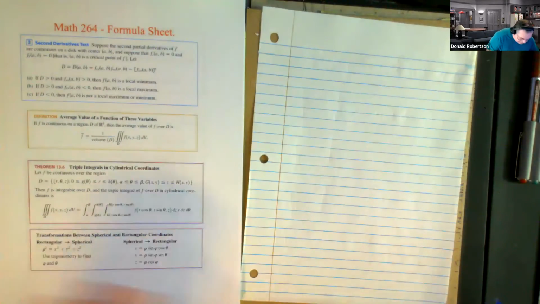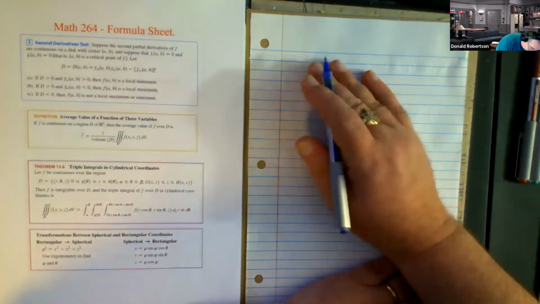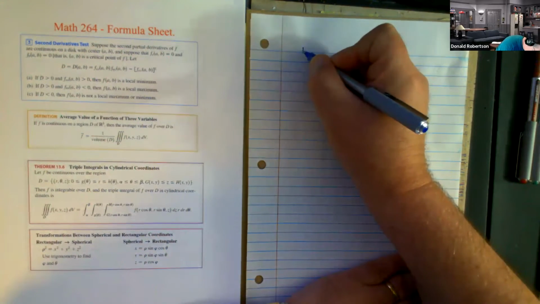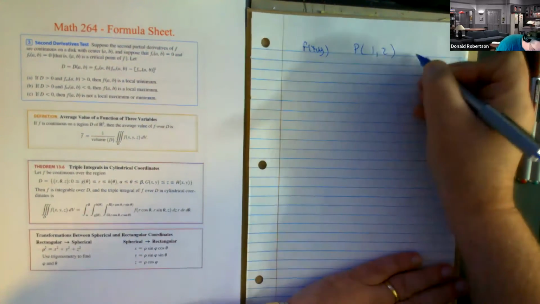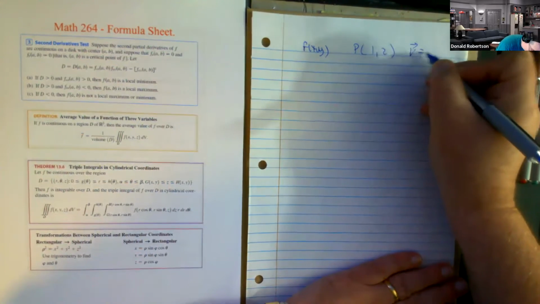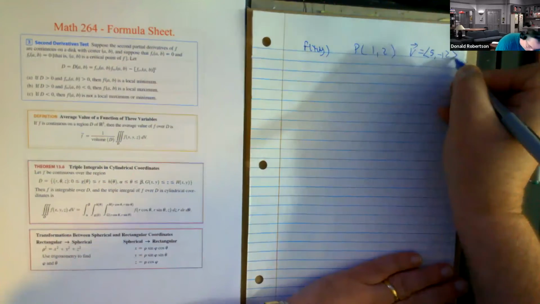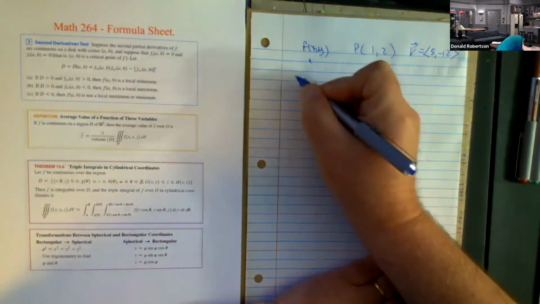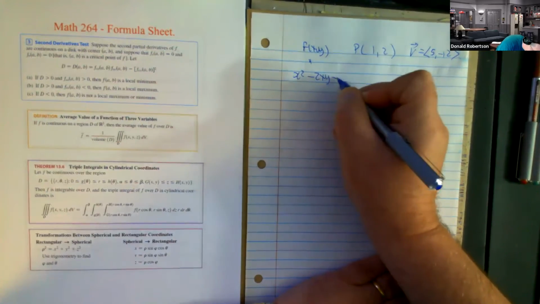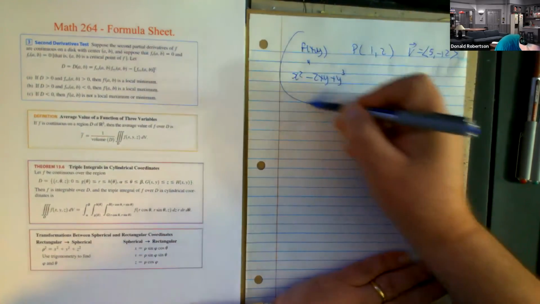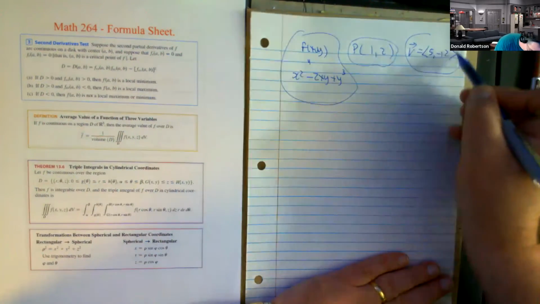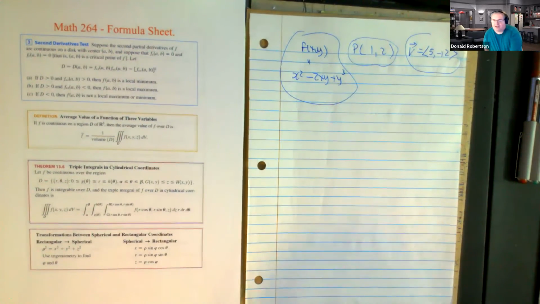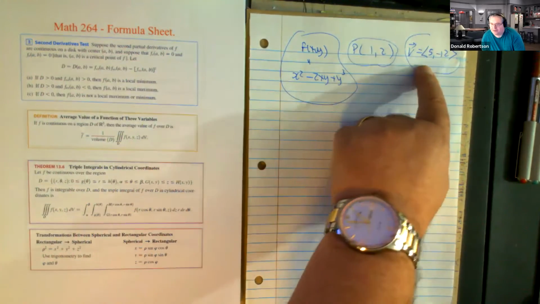Okay, let me throw a question out at you. Suppose I give you a function, a point, and a vector, and I ask you to find the directional derivative at that point in this direction.